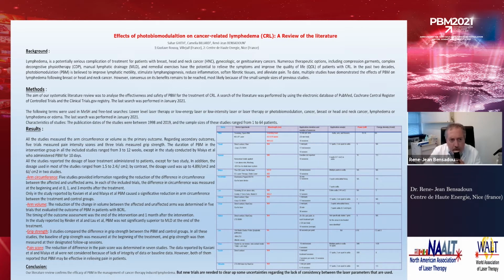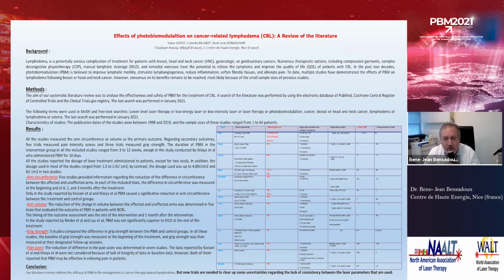We have several other literature reviews, but we did a new one with the new parameters we now have in PBM, and that's a very brand new way to analyze the different literature and show really the difference in parameters and protocols, and that's certainly the good way now to analyze results.